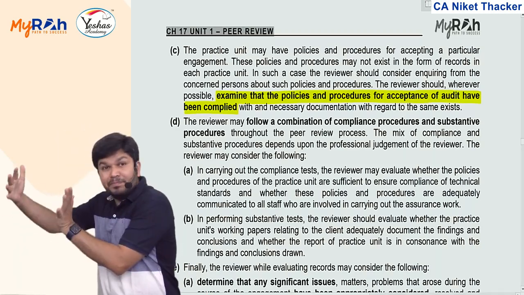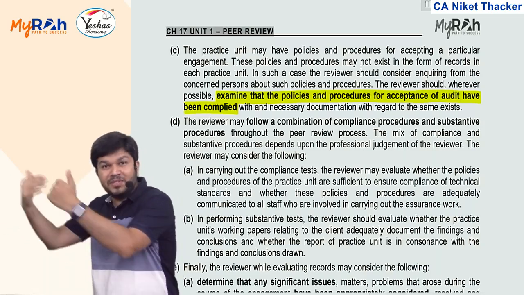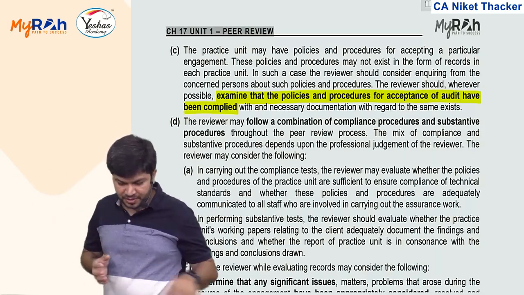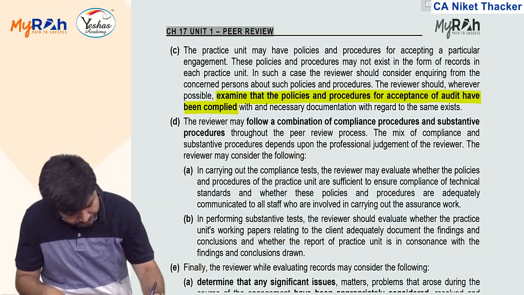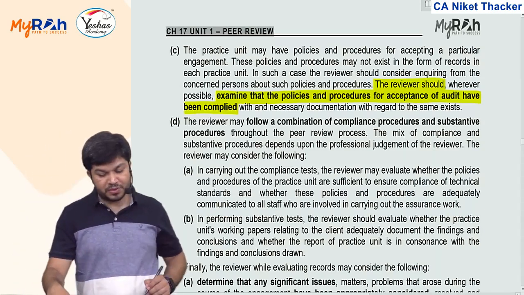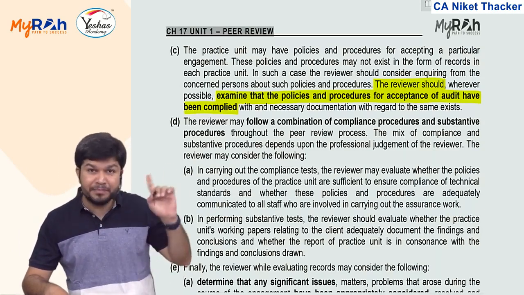So what are PU's policies and procedures for accepting new clients? I need to examine those. The reviewer should examine whether the policies and procedures for acceptance of audit have been complied with by PU.